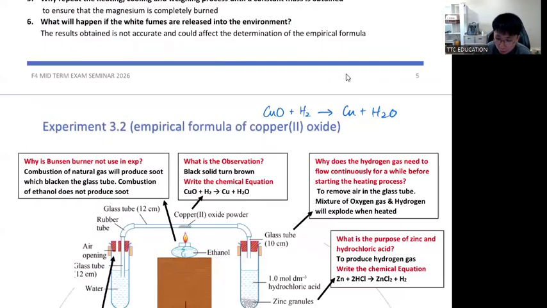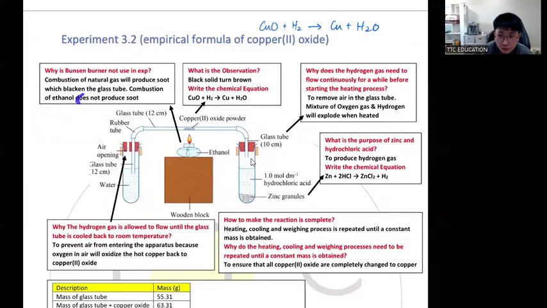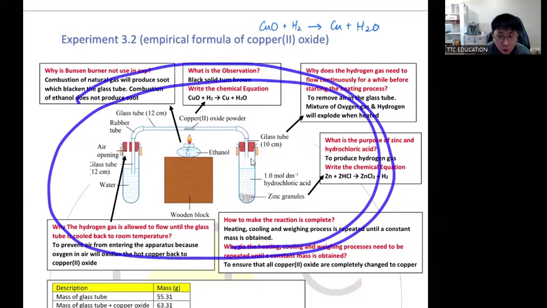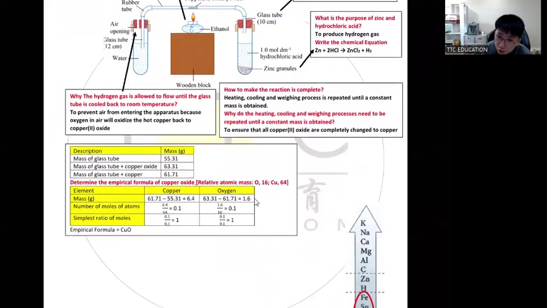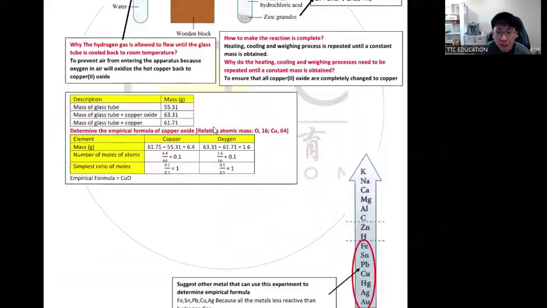Copper oxide to copper is mass decrease, because oxygen disappears, taken by the H, becoming water. So overall, all the surroundings around the pictures are the common questions. Later if you cannot find any information, I will show you where we can get it all from the picture. So later we can do calculation, we can do empirical formula and all the diagram.